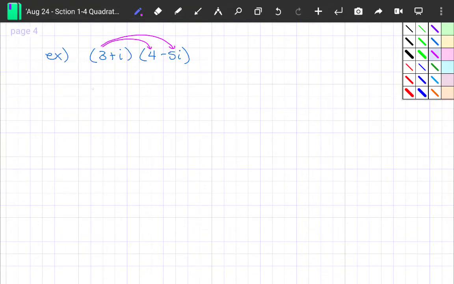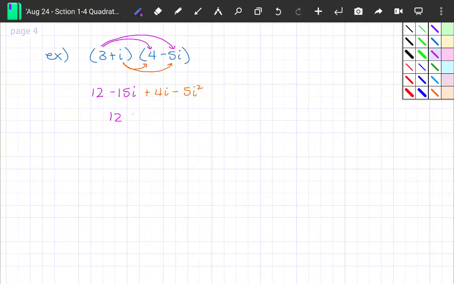So 3 times 4 is 12, and 3 times negative 5i is negative 15i. And then I multiply the I times both parts. 4 times I is 4i, and negative 5i times I is negative 5i squared. And then we combine like terms.